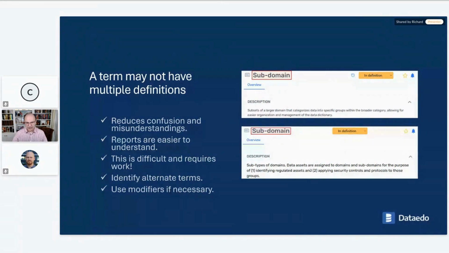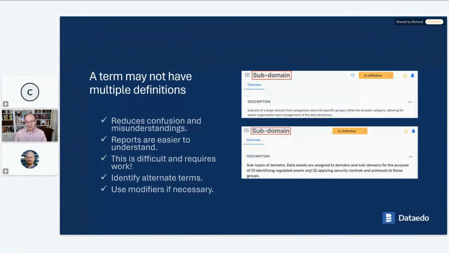And same thing for reports. I keep coming back to that. It's for communication and report creation and use, interpretation. So what we want to do is we want to have a situation where we have one term with one definition. So if the definitions are similar, then maybe you can combine them into a single definition that can be reviewed and accepted for the organization.